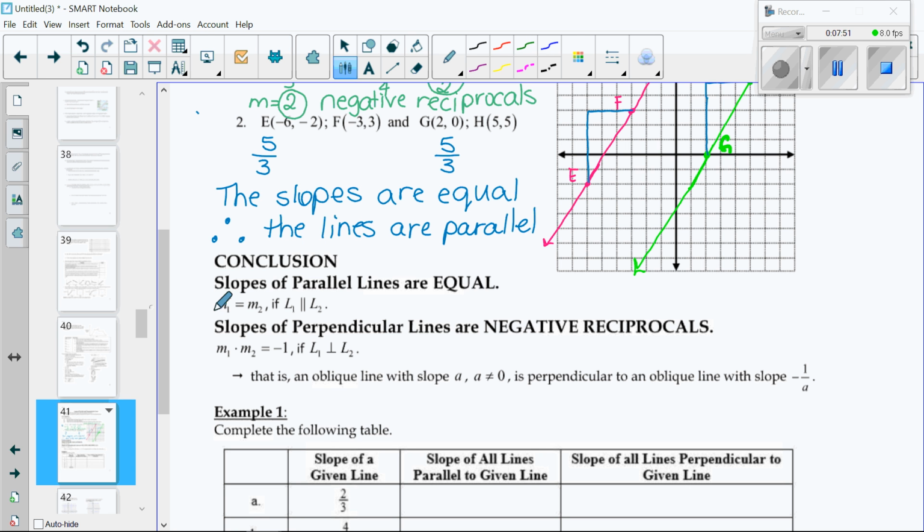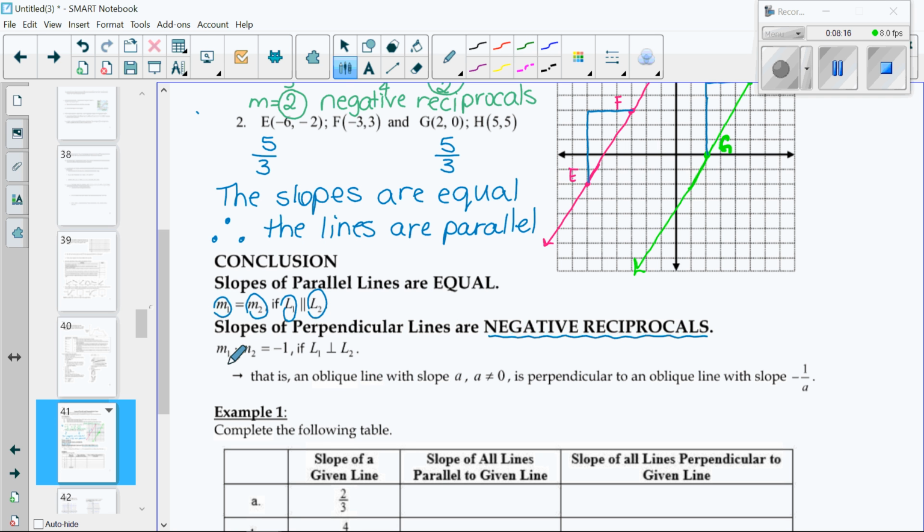So if M1 equals M2, then line 1 is parallel to line 2. Okay? If the slopes of the lines are negative reciprocals of each other, okay, they are going to be perpendicular.